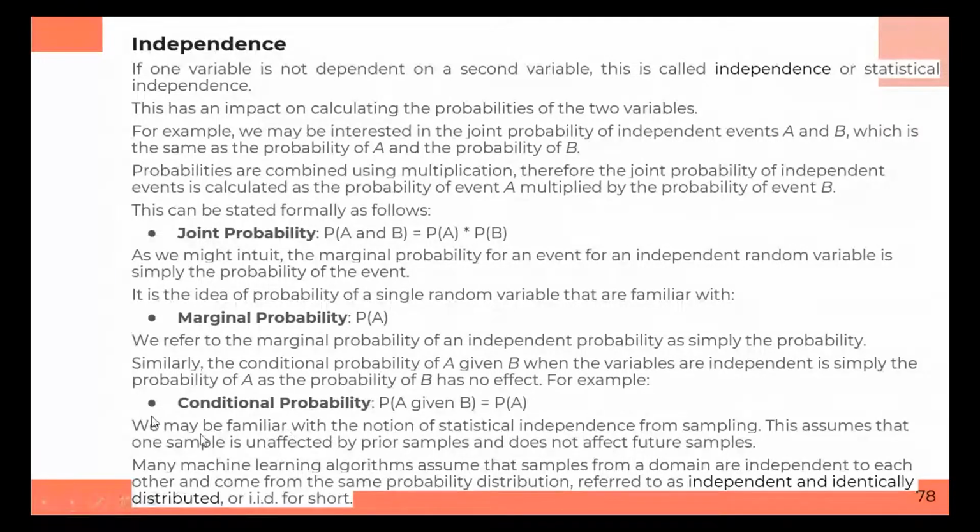Conditional probability. Many machine learning algorithms assume that samples from the same domain are independent of each other and come from the same probability distribution. Same probability distribution means the whole column is the total of possible samples we can fetch, and we are going to take some samples from the whole column.